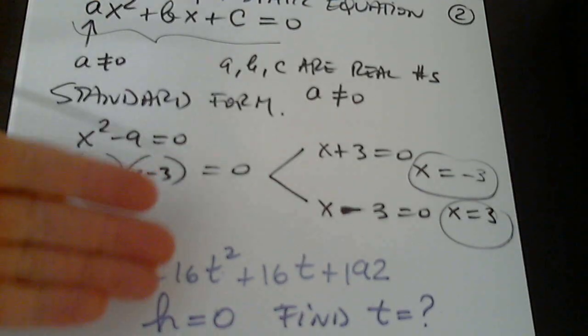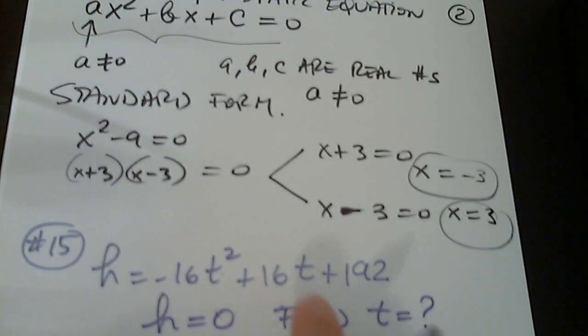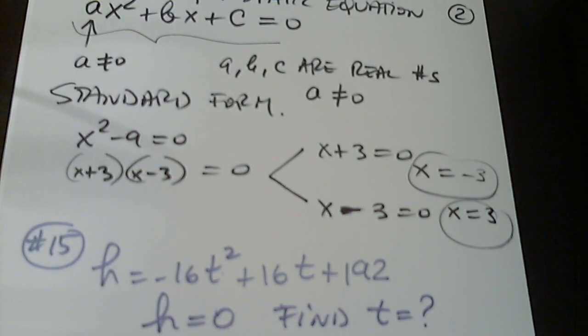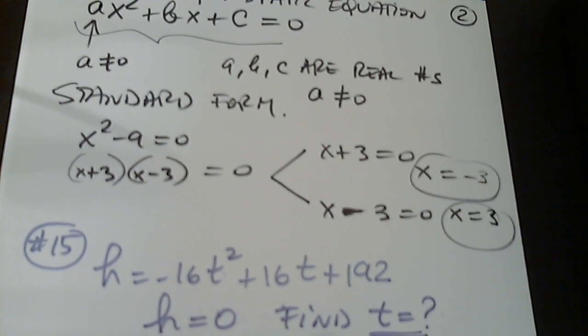Because I know when t is 0, height is 192. Height is 192 at t equals 0. I don't want that. I know that. I want to determine how long it takes for the ball to hit the ground. I know it starts here at 192.